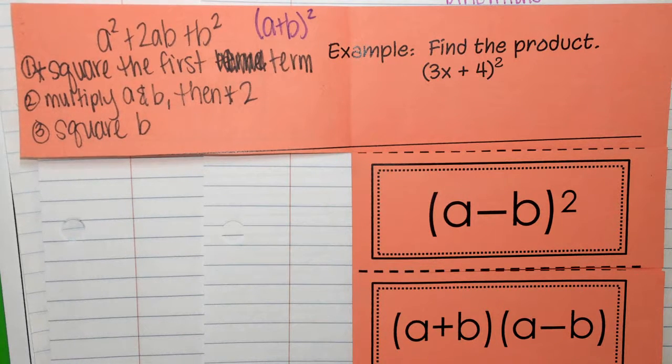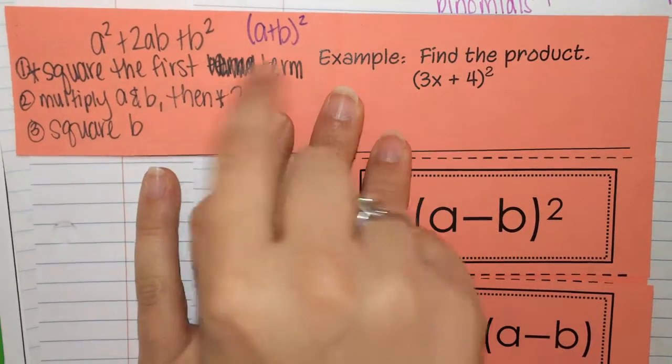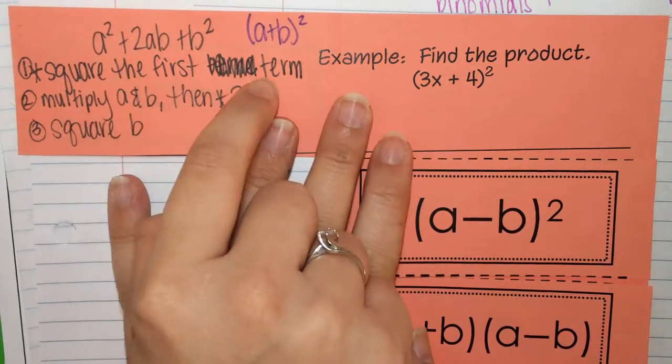Miss Asbury, so every time with the A plus B, it's the same. Every single time. If it's A plus B quantity squared, you'll do this. Every time. No matter what. Okay? So let's look at our first example. So we're going to do step 1. Instead of using FOIL, you use these steps. Square the first term.